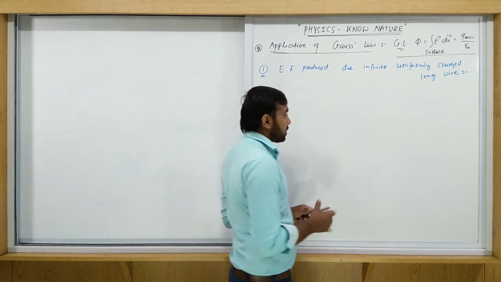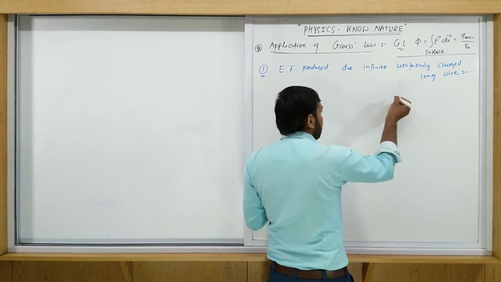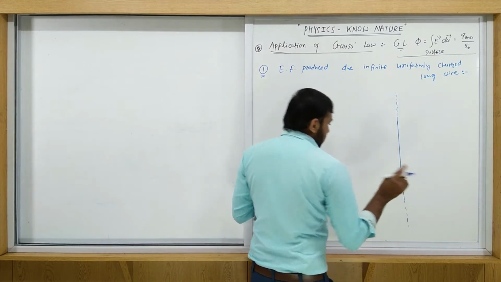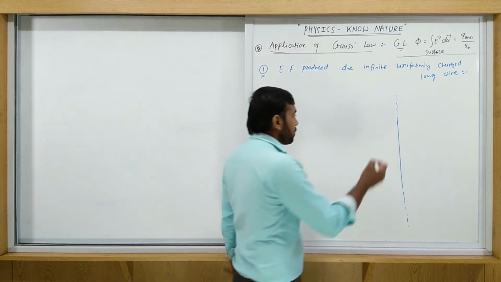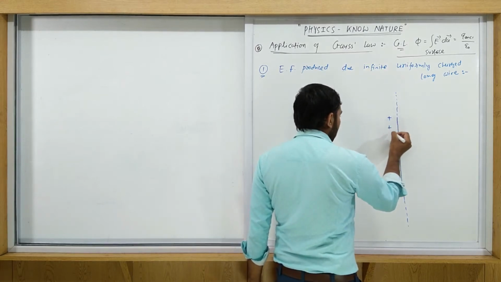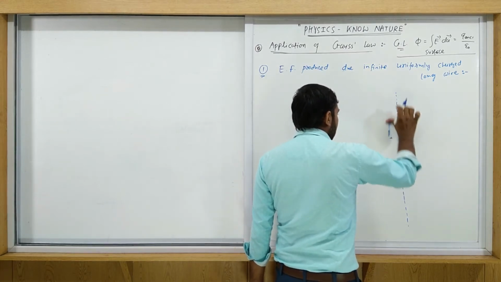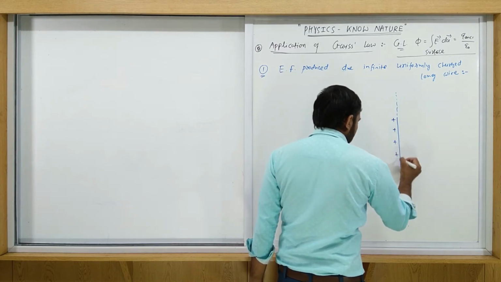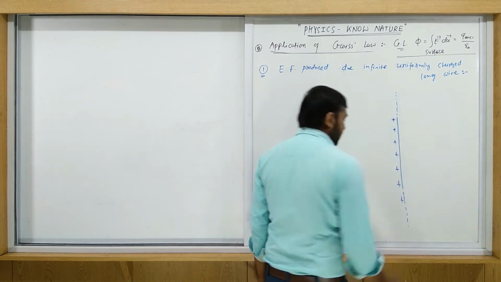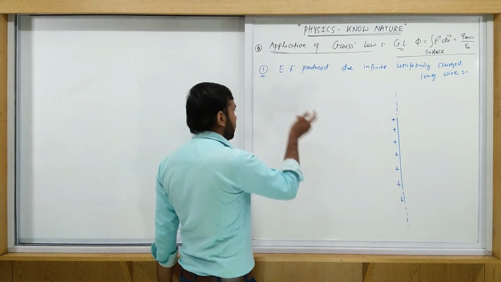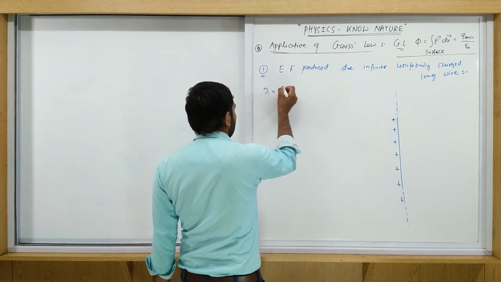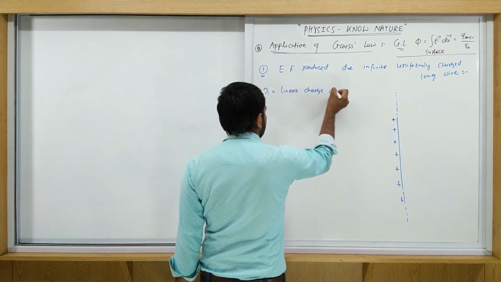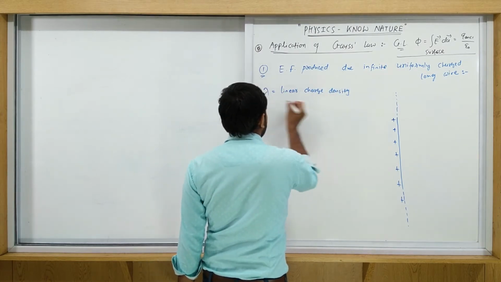Let's see, suppose you consider an infinite long wire. Consider that it is positively charged, and its charge density is lambda. So lambda is the linear charge density.